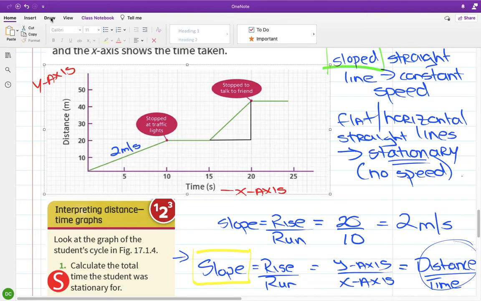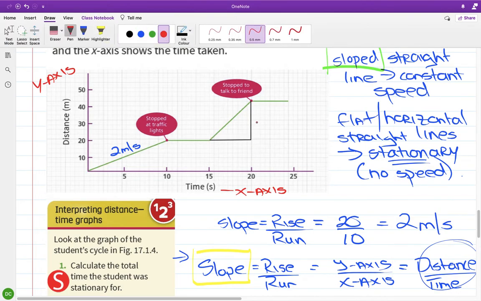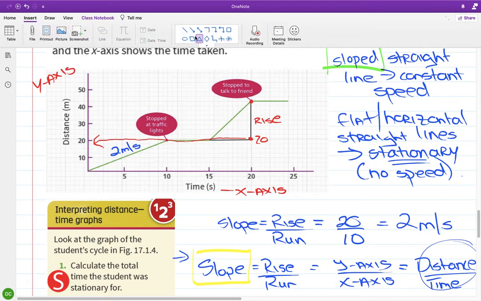Yeah? So we look at the rise first, which is this one. So it starts here, and remember you're looking over there. So it starts at 20 and it goes up to here. Hang on, I have to clear that now so I can see it. I'll do that with an actual line.